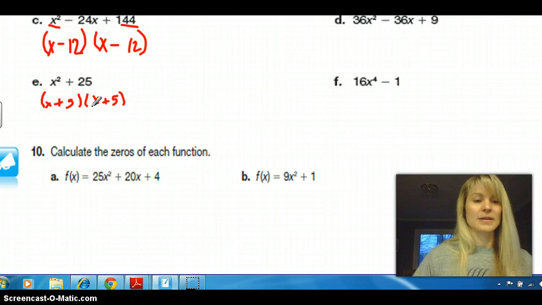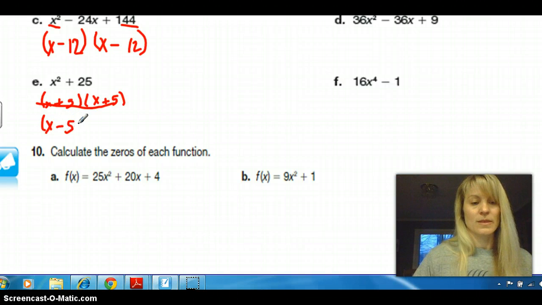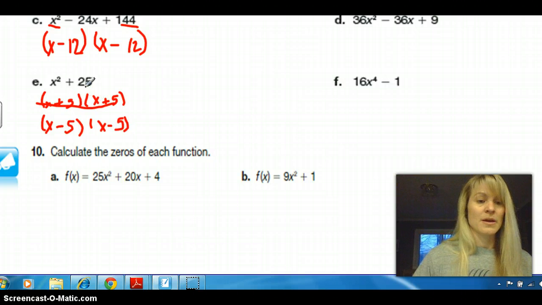But the problem with that is we'll get the x squared, we'll get the 25, but here we have 5x and 5x. This would give us a 10x. So that can't work. The other scenario would be x minus 5 and x minus 5, because negative 5 times negative 5 is a positive 25. However, this will give us center terms because it has two negatives.